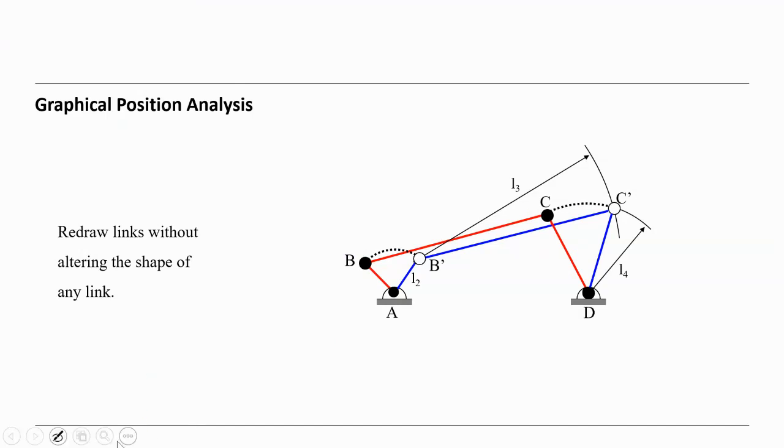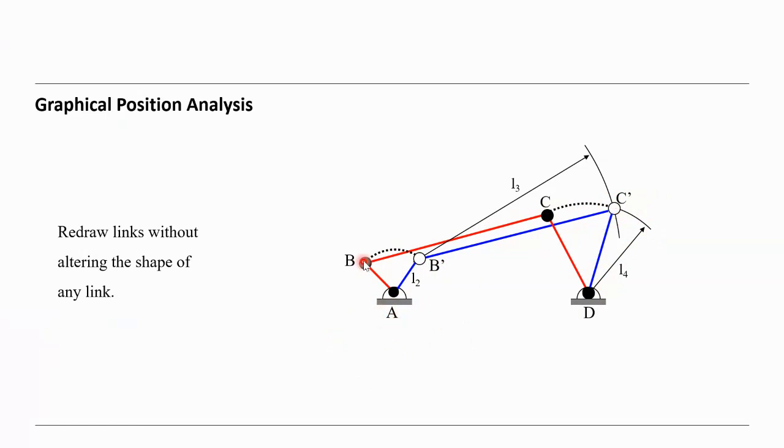Because we already know the length AB, and we know the length BC, and we know the length DC, it's not a big problem to find the final position.